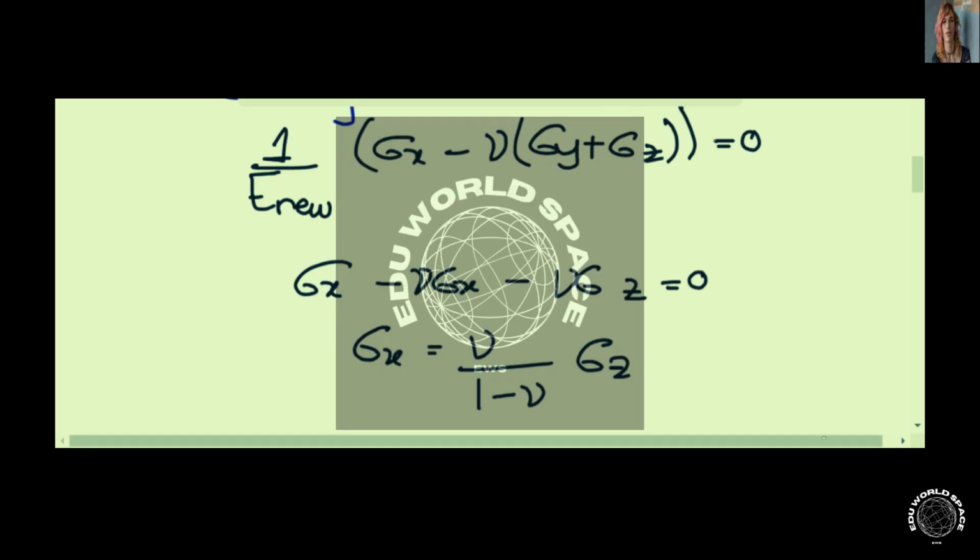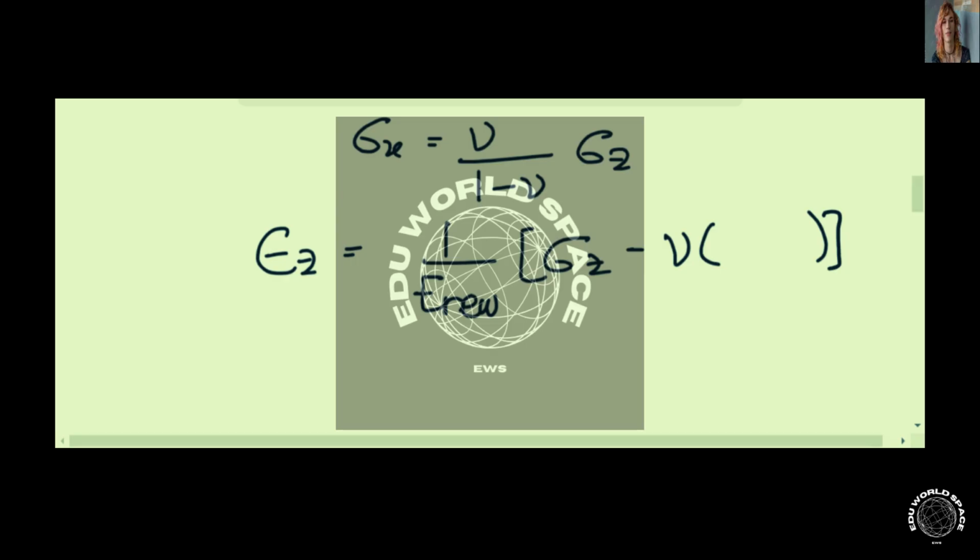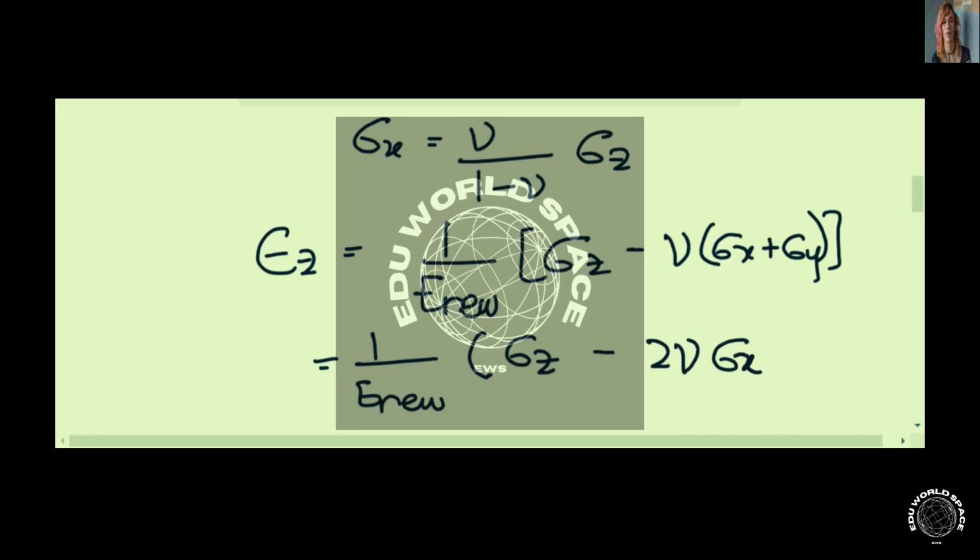Finally, we'll use this in Hooke's law equation for the z-axis, and we'll get that the strain in the z direction is equal to 1 divided by the new modulus of elasticity, times the square bracket, stress in the z direction minus epsilon times, in parentheses, the stresses of the other directions, x and y, and this is equal to 1 divided by the new modulus of elasticity times z minus 2 epsilon times x, because they are the same.